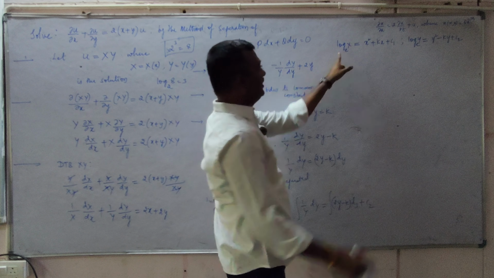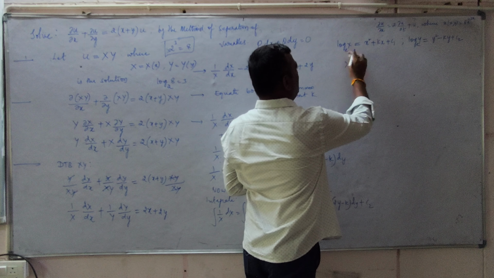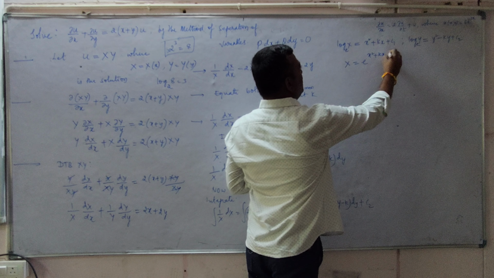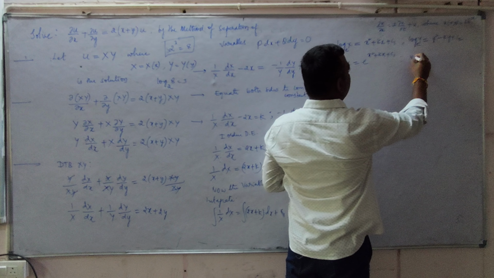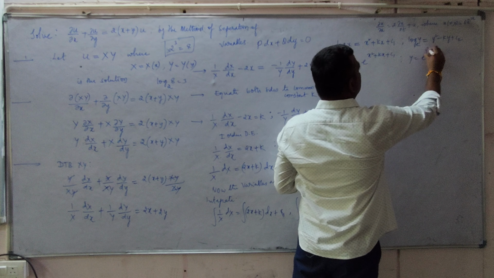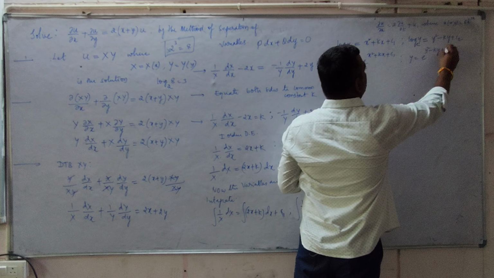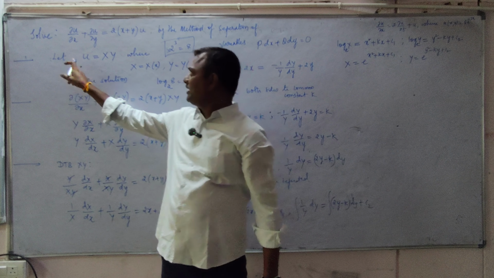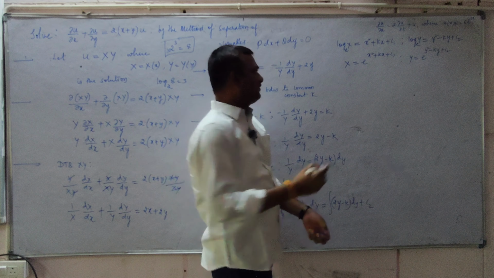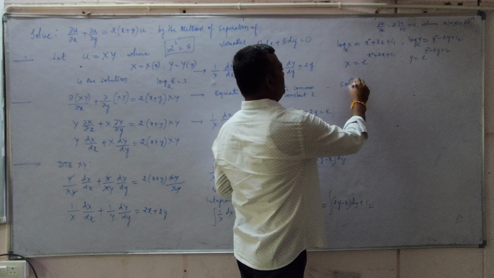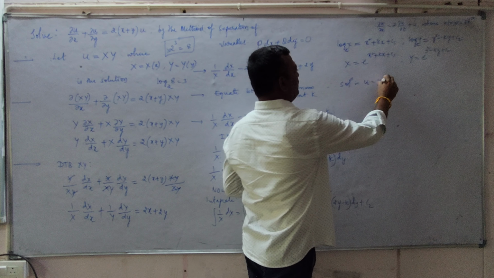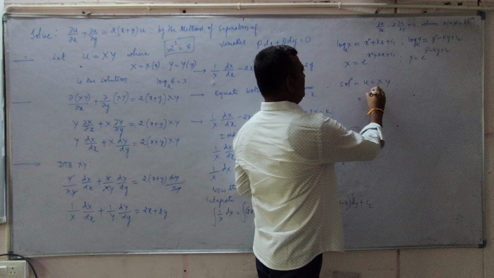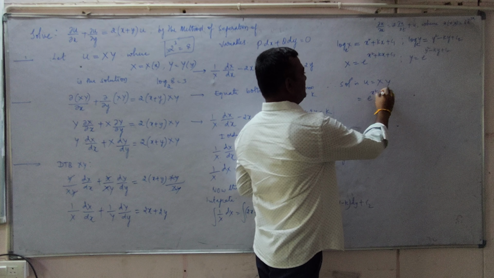Since it is in logarithm form, capital X is equal to e raised to x square plus kx plus C1. Here Y is equal to e raised to y square minus ky plus C2. When you have got capital X and capital Y, what is the solution? Therefore, the solution is u is equal to capital X into capital Y. What is capital X? e power x square plus kx.